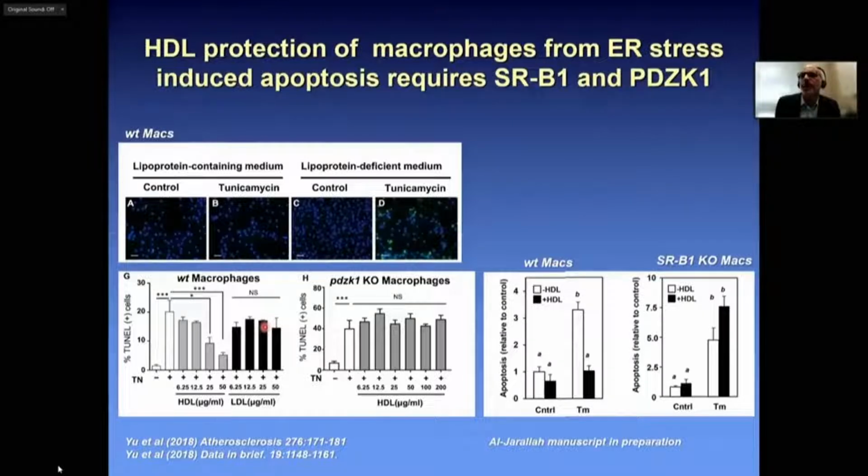When she looked at macrophages that lacked PDZK1, the adapter protein that binds to SRB1, she found that HDL was unable to suppress tunicamycin-induced cell death. And similarly, Aisha El-Jarala, another former PhD student in the lab, found that when SRB1 was knocked out in macrophages, HDL was unable to protect them against cell death.